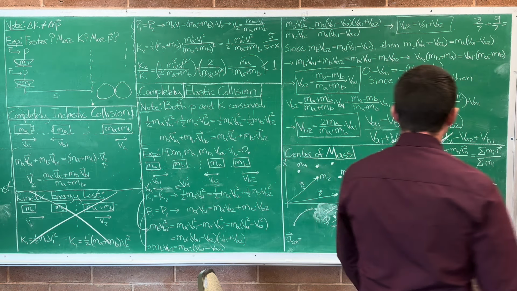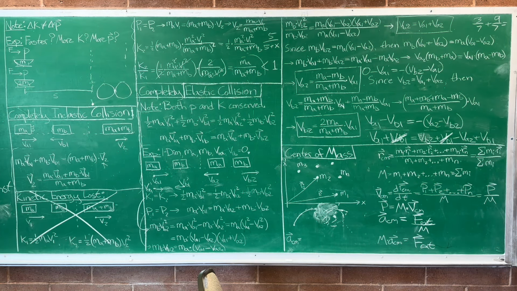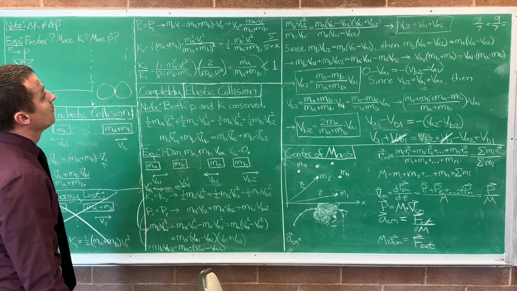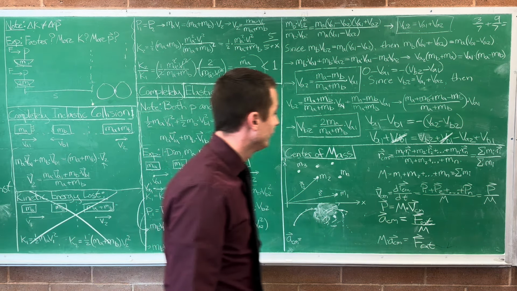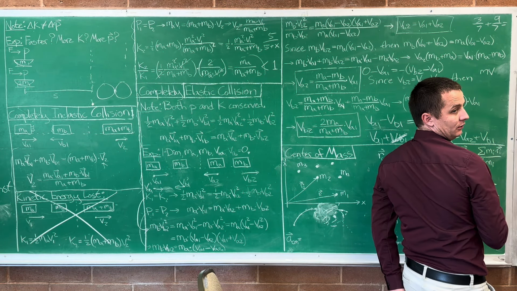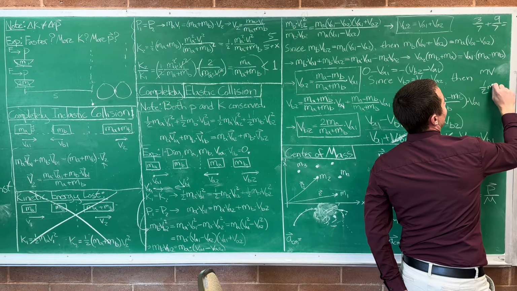Okay. What happens if we integrate momentum? Is that useful? What happens if you integrate momentum with respect to velocity? You'll notice that that gives you that 1/2 mv squared.